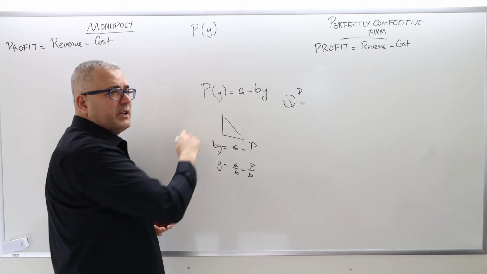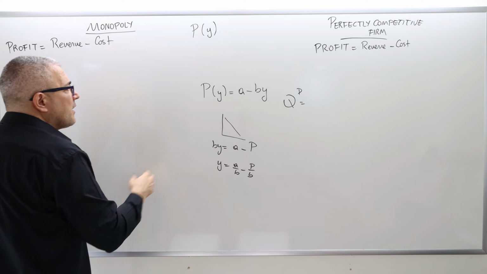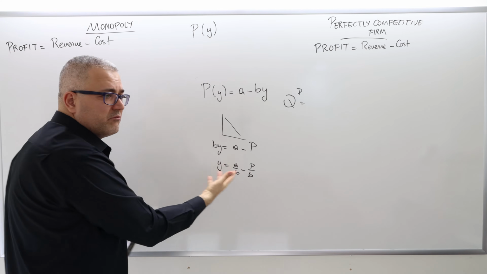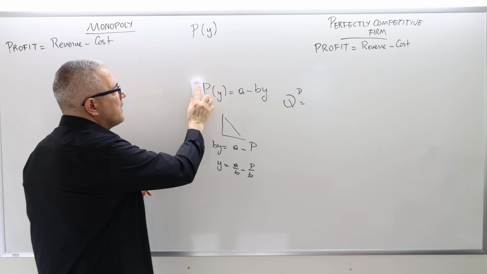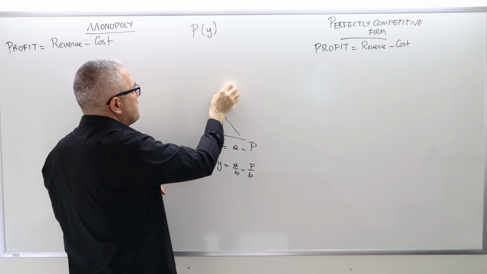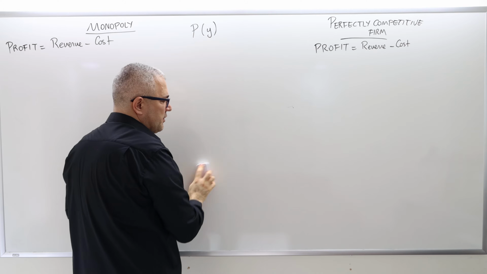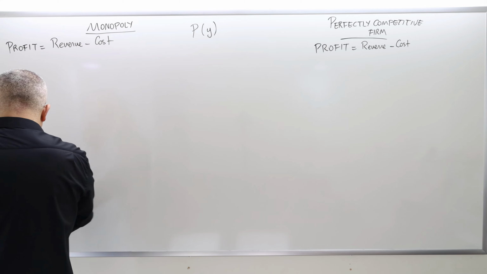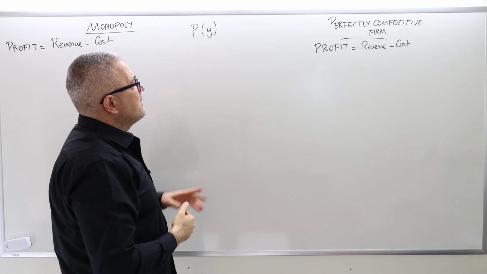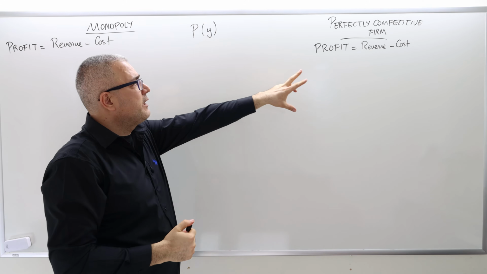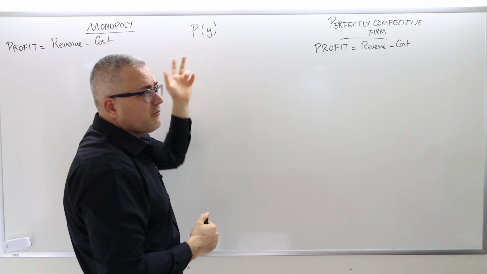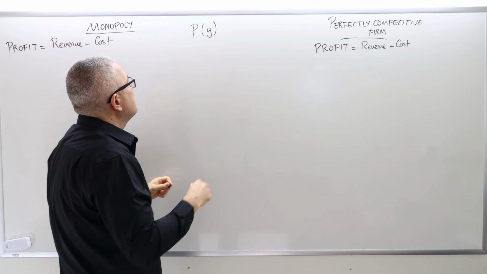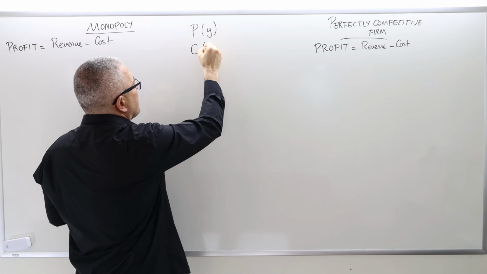But we usually use the inverse demand curve simply because we don't have to make that conversion; we're just going to take the inverse demand curve and put it into the profit function. It's going to be easier to operate. So whether it's a perfectly competitive firm or monopolist, we assume there is an inverse demand curve and a cost function, right?